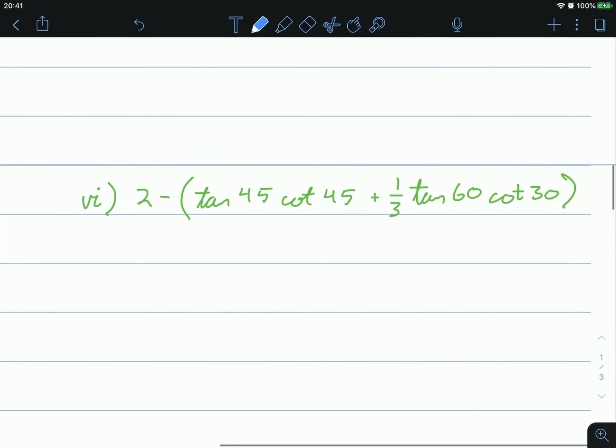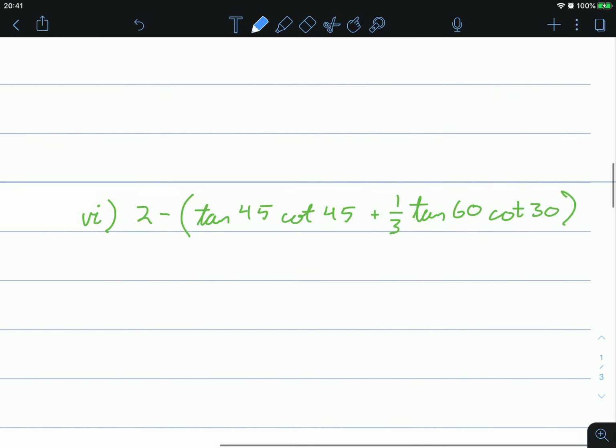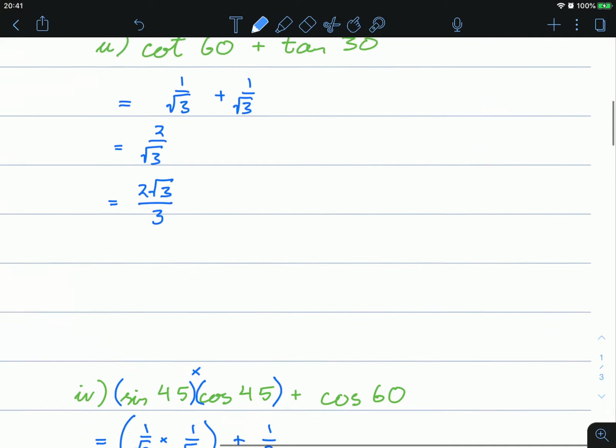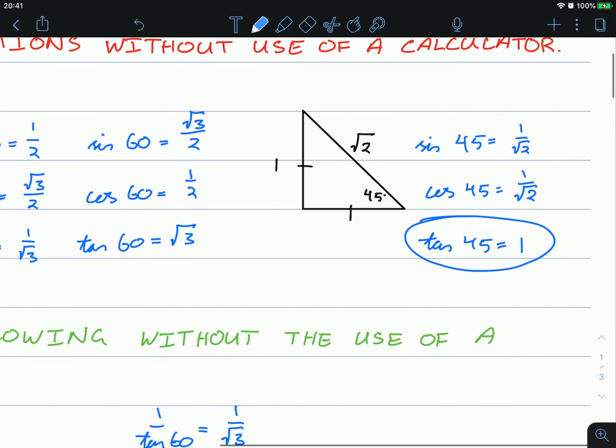All right, this one looks very difficult, but let's take a look at what it's equal to. 2 doesn't do anything. Tan 45 times cot 45. Remember, if two trig values are right next to each other, there's a multiplication in between them.